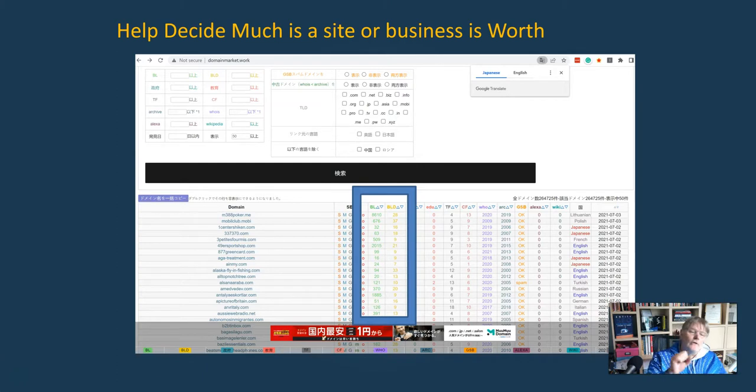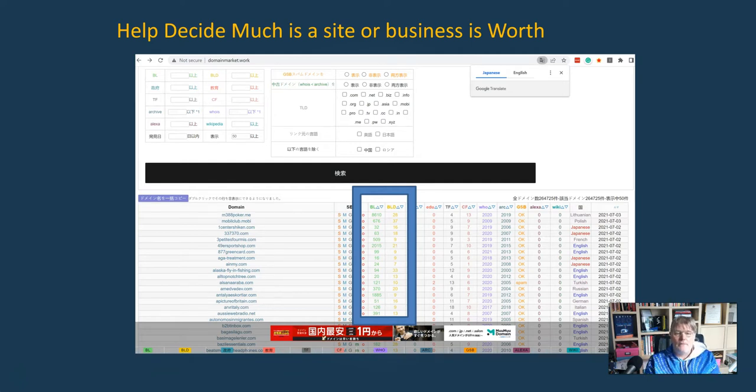You can also use links to help decide how much a site or a business is worth. I'm not suggesting for a minute that you use anything apart from audited accounts to evaluate a business. But ultimately, you can also get indications without having to look at accounts. You could just look at the number of backlinks and the backlink domains.